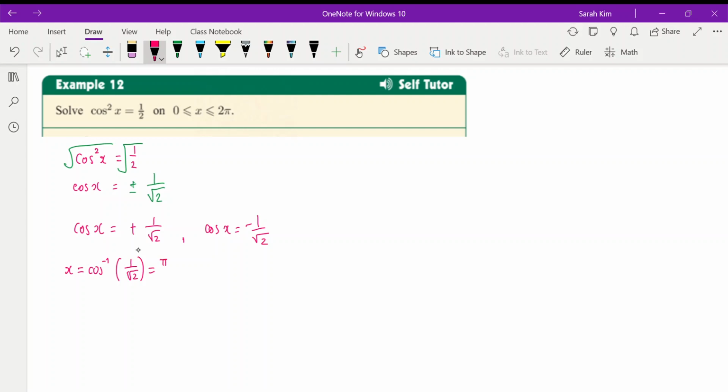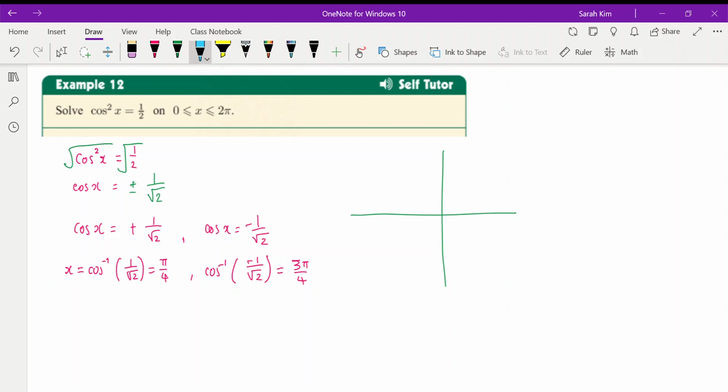I get pi/4. The second answer, I didn't put a minus there, I get 3pi/4. Okay, so let me draw a unit circle and see if there's any other options.